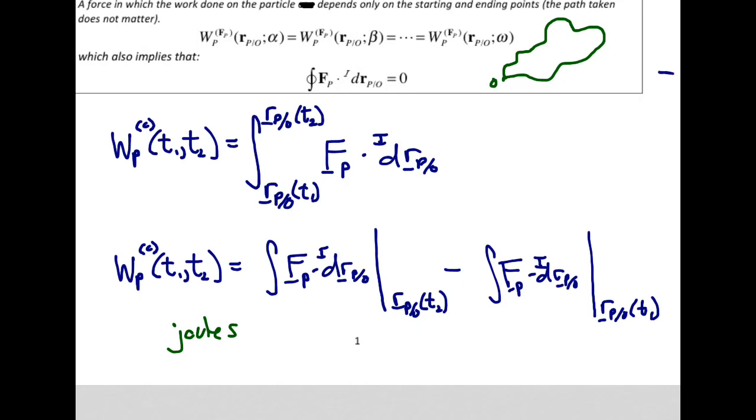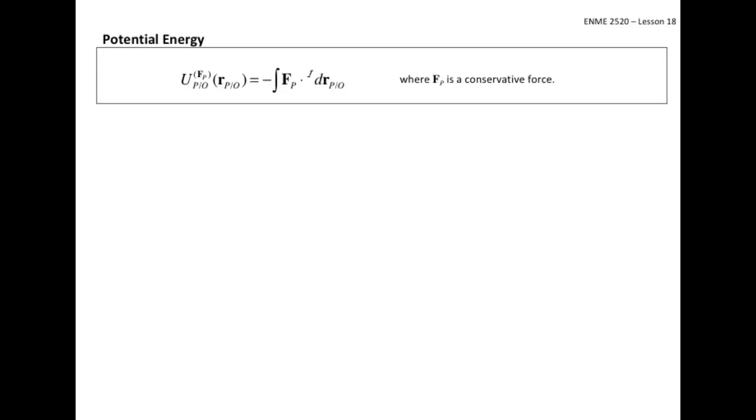So let's take this and define a new parameter that is actually in terms of energy. That term we call potential energy. Potential energy is a scalar, and it's the potential energy of point P with respect to O. We write this the same way as we write the kinetic energy, and this is due to F_P.